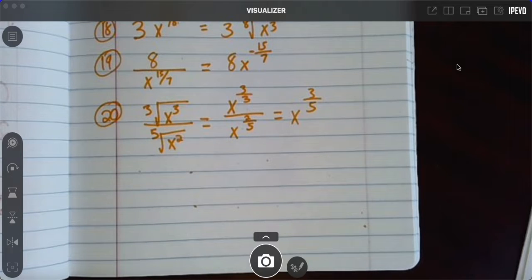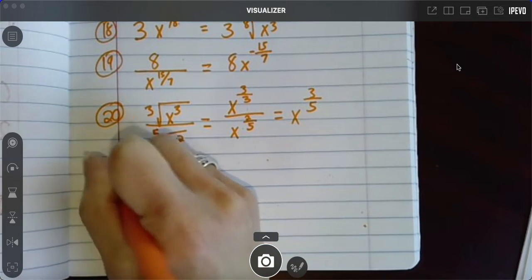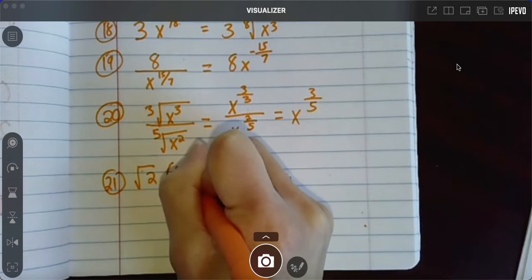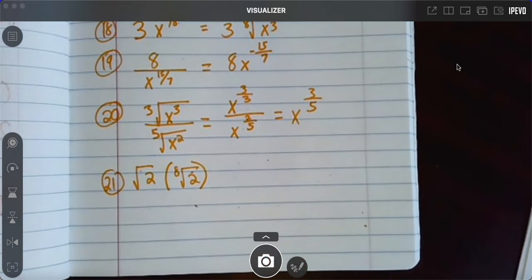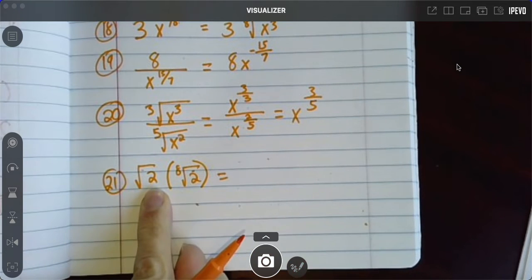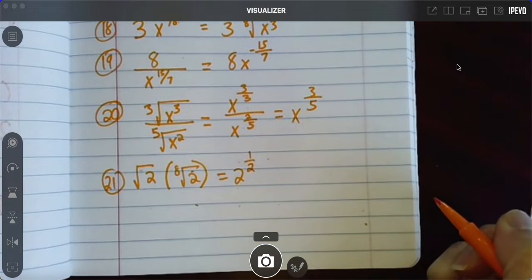Okay, 21. It is the square root of 2 times the 8th root of 2. This one's on there, one just like it, not exactly that. We cannot multiply these because they are not the same roots. Remember that rule? The roots have to be the same. So I'm just going to write them as fractions. The first one is 2 to the 1/2, that's a square root.